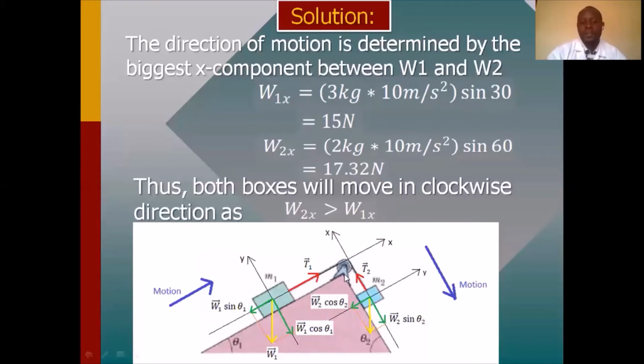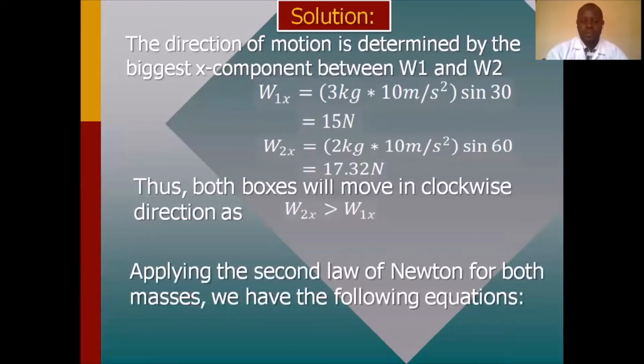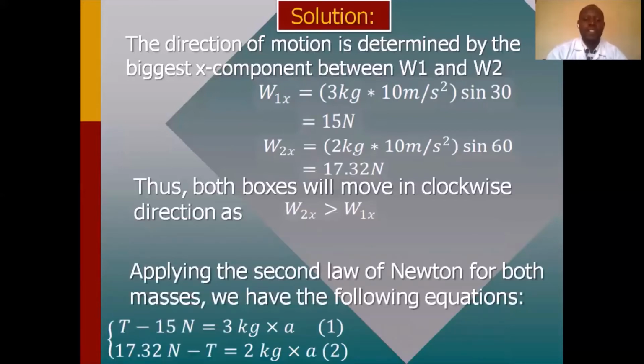It means that the two masses are moving with the same acceleration, with the same speed. Okay. Now, we are going to have these two equations. Tension minus 15 is equal to 3 kilogram times acceleration. That is equation 1, obtained by applying the law of Newton on mass 1.